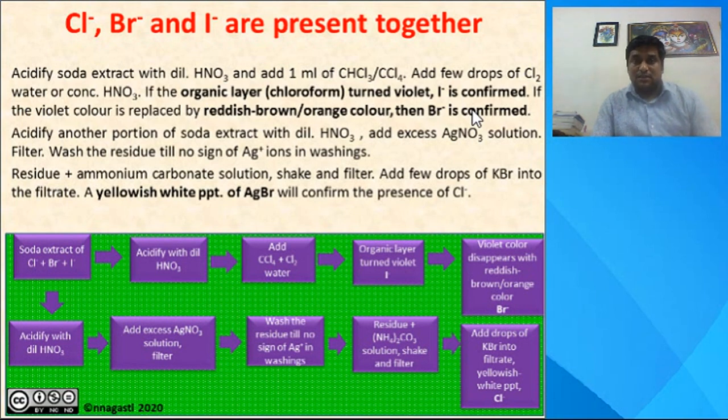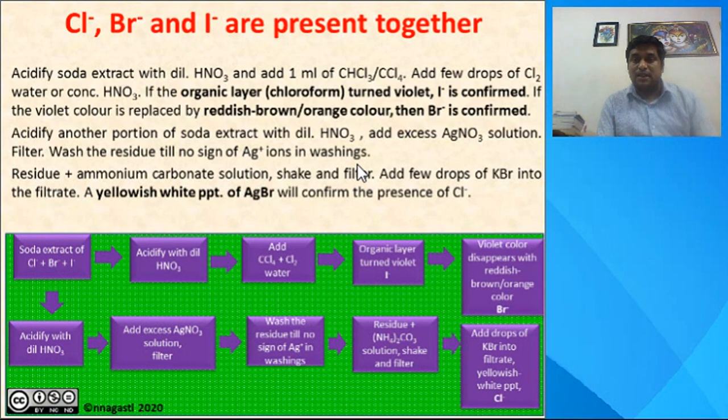Then to test for chloride, take another portion of the soda extract of the mixture, acidify it by adding dilute HNO3, then add excess silver nitrate solution into it, filter, then wash the residue till no sign of silver ion is there. What does it suggest?